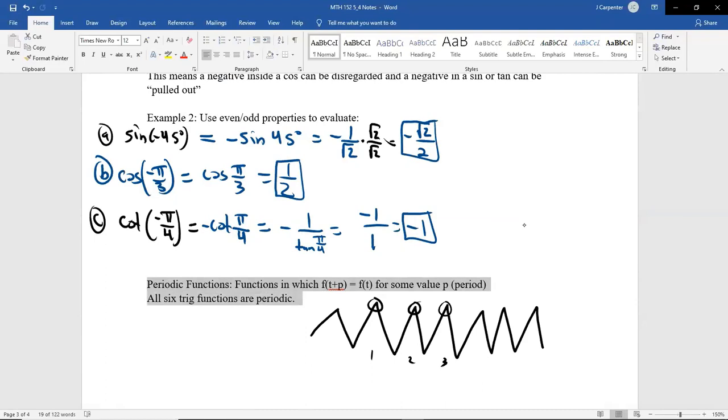That's what we're saying here, that some f of t, so maybe this is f of 1, is the same thing as f of 1 plus 1 is the same as f of 2 plus 1. I can just take a number and add 1 and keep getting the same thing over and over and over. Is it always 1? No, it's usually not 1. That's just the context of this example. There's a pattern that loops for eternity, and trig functions are based in being periodic.